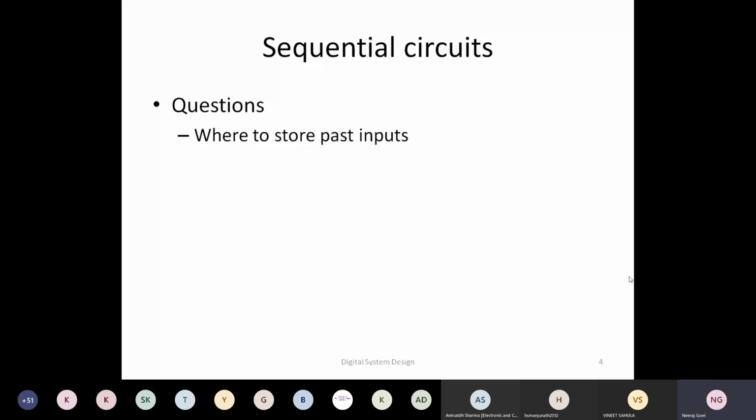Correct. So storing all the inputs is practically not feasible and not practical, because how will we compute? So how many inputs to be stored and which ones? That's also an important question.